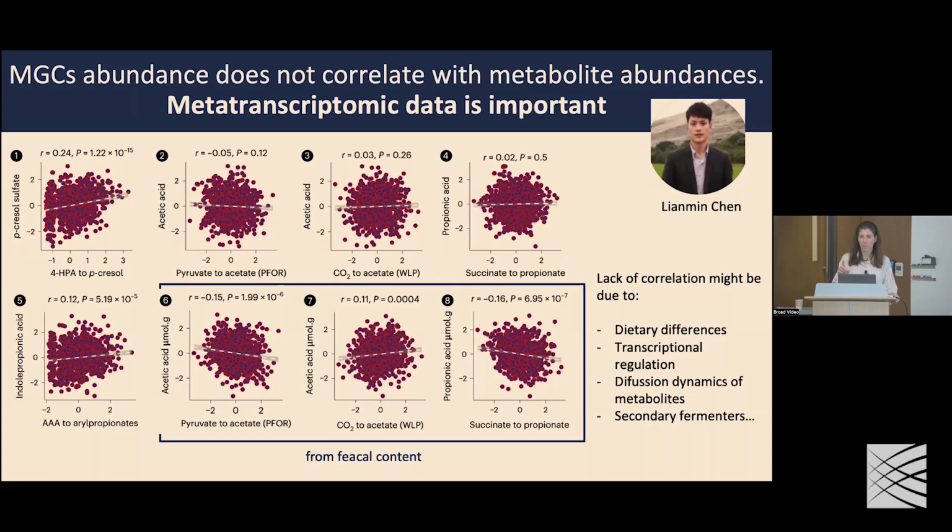No, we actually did all the combinations. So we have indeed different pathways that, for example, produce acetic acid, and we did all the combinations, and we also pooled them all together and then correlated, but the results were still the same. So yeah.